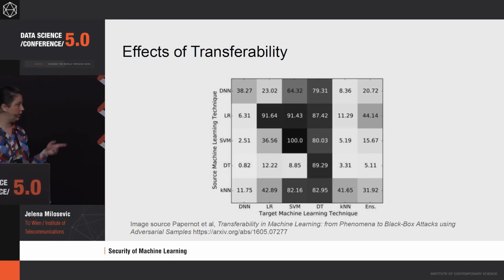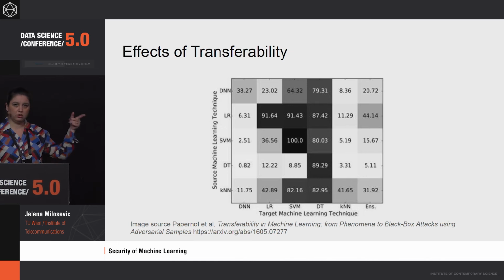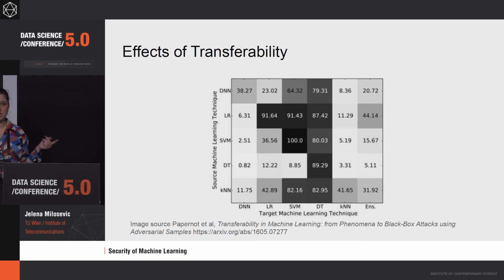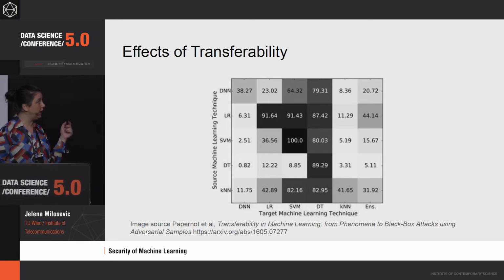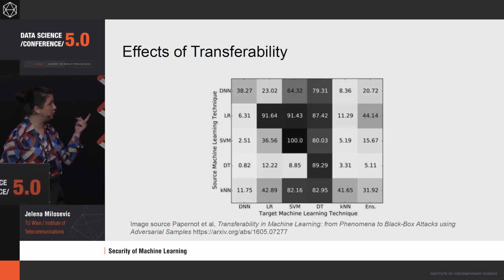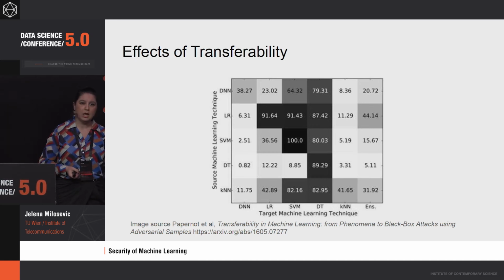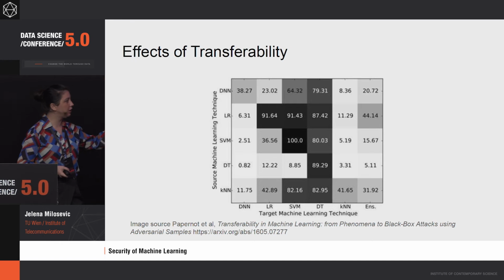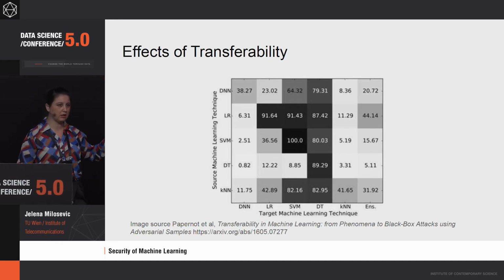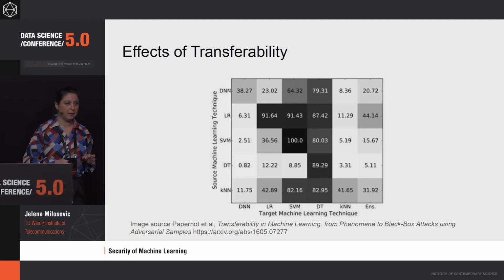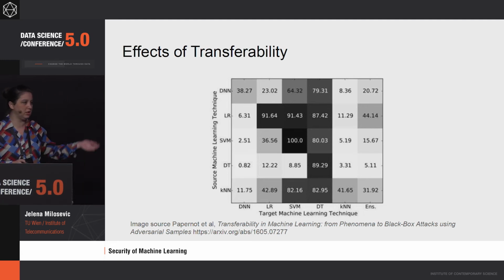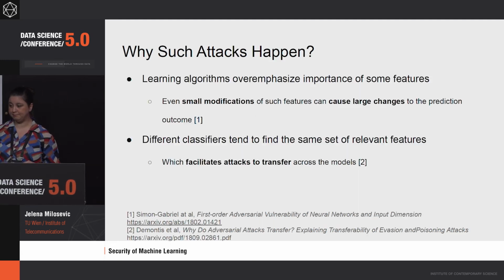For example, if there is an SVM as the target machine learning technique, and I use SVM to craft attacks, these attacks transfer with 100% probability. If I, for example, have logistic regression, we have a number like 91, but the important thing here is that we can see that these attacks frequently transfer. They don't always transfer among each algorithm, but this phenomenon exists and it causes instances to be misclassified.